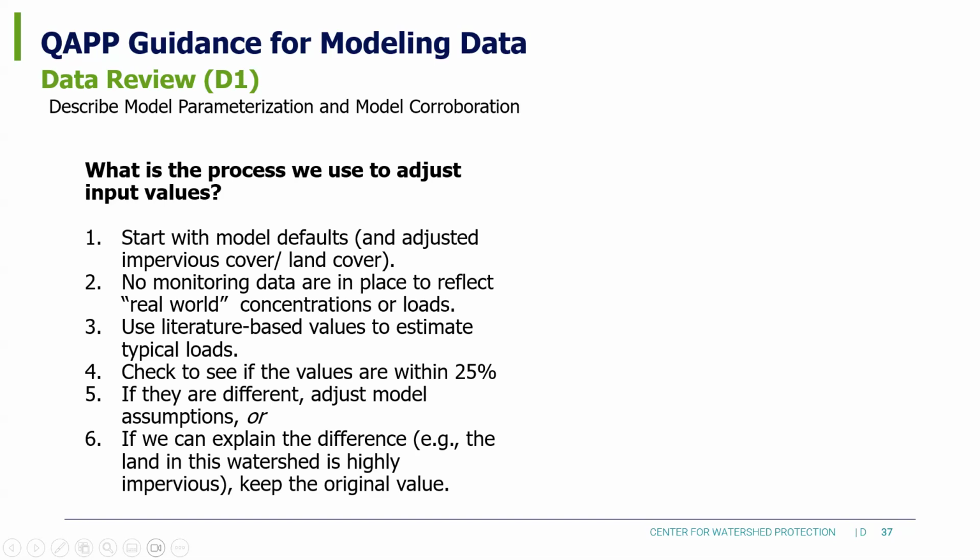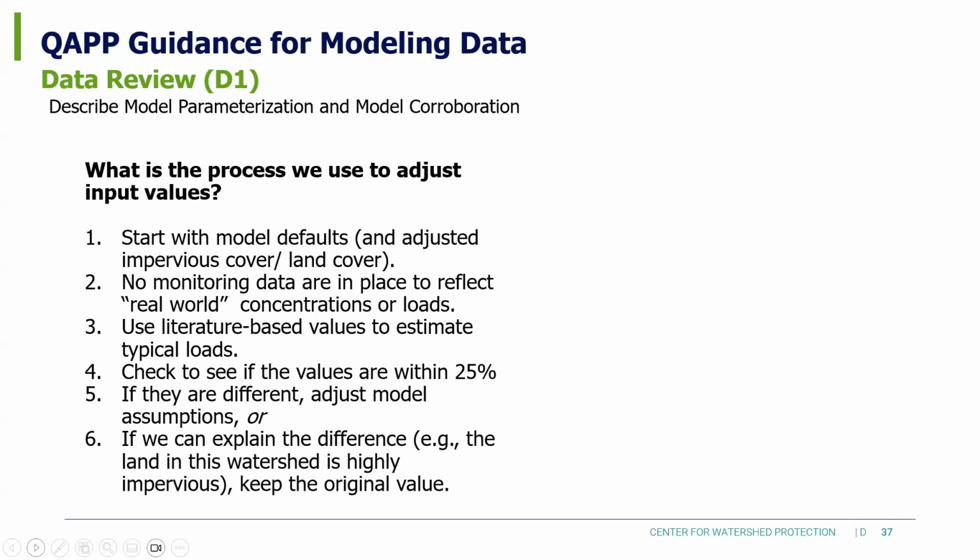Then we're going to check to see, based on our literature values, is our model within about 25% of that? And if not, then maybe there's something wrong with the model. Maybe there's something wrong with the literature values. If they're different, we're going to adjust the model assumptions and see, maybe one of our concentrations is just not where we think it should be.